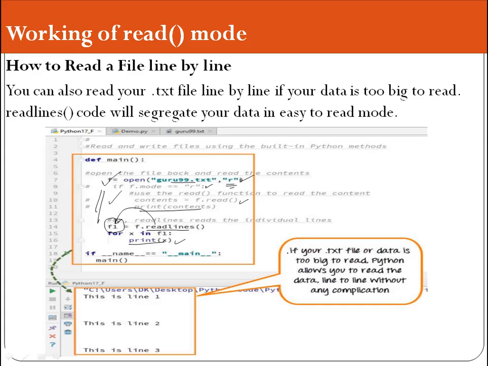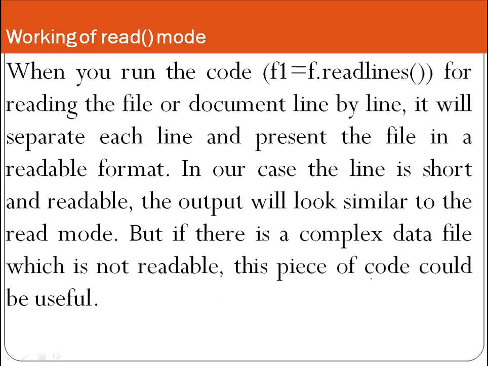Here you can see if your text file or data is too big to read, Python allows you to read the data line by line without any complication. When you run the code f1 equal to f dot read lines for reading the file or document line by line, it will separate each line and present the file in a readable format.